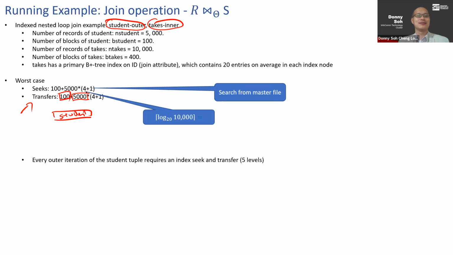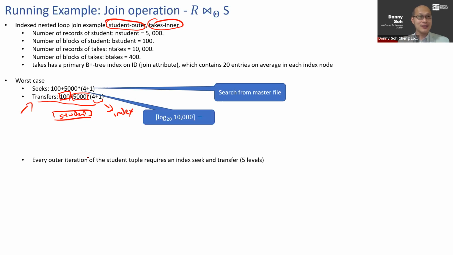Because I have 5,000. What is the cost of my access to my inner loop? My cost of access is going to be just 5 because of my index. Okay, so that's how I come up with this number for my transfer.